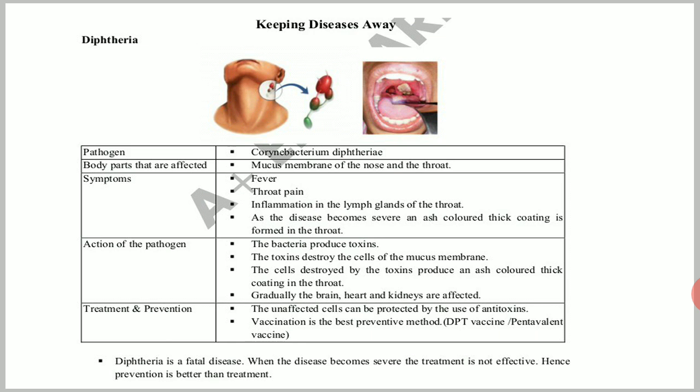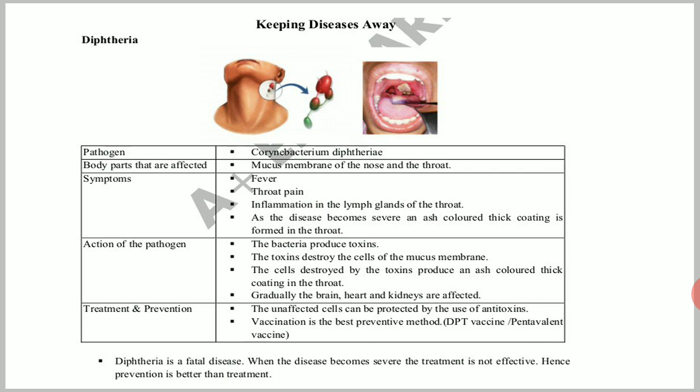We discussed in the last class bacterial diseases, leptospirosis. Hope you remember the pathogen, mode of transmission, symptom, then the treatment and remedy of leptospirosis. Today we will continue with the bacterial disease only.